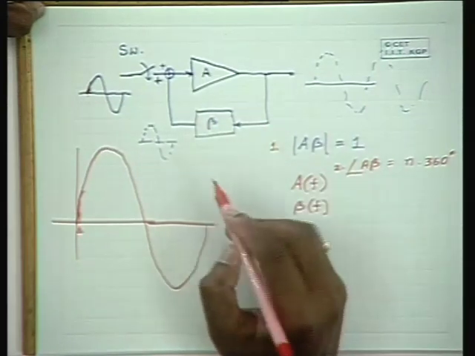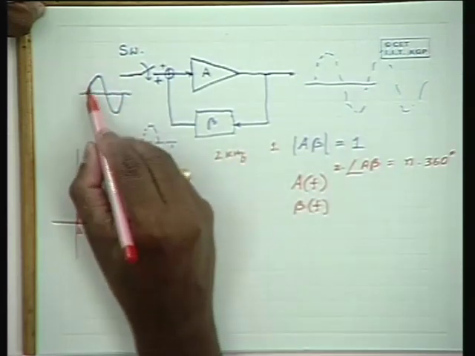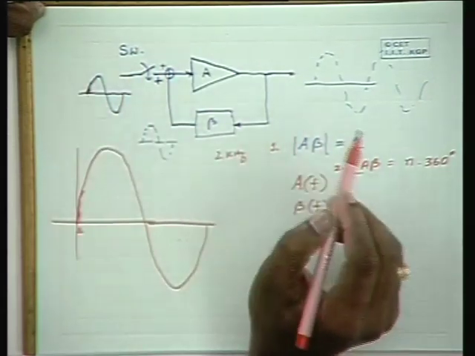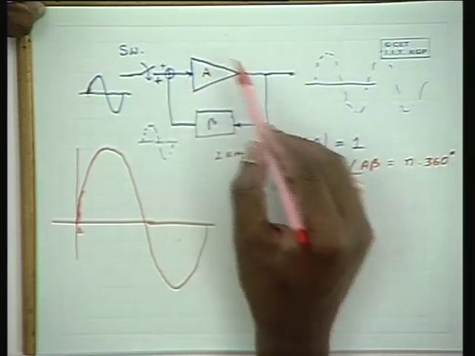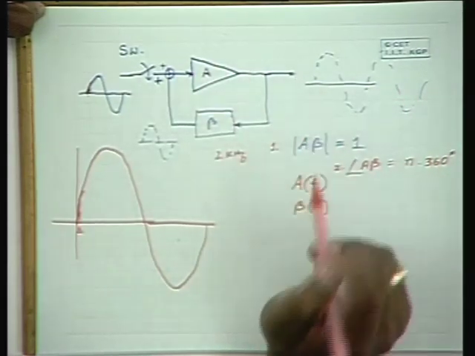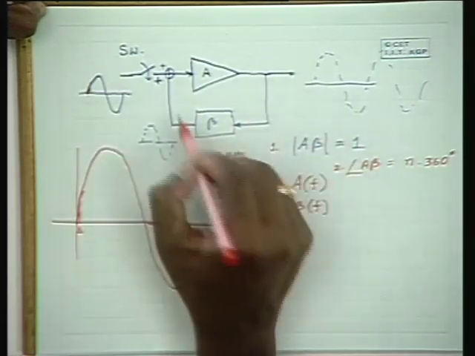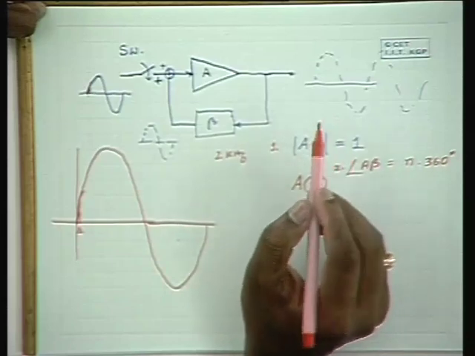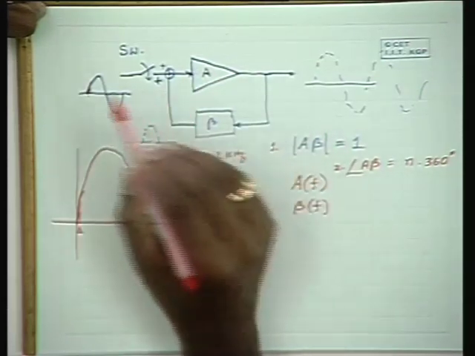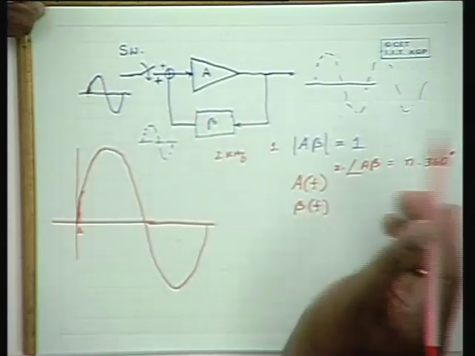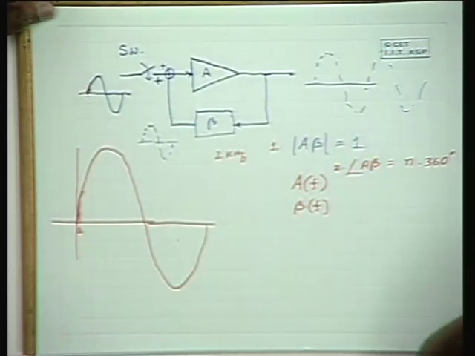Say the condition is satisfied at 2 kilohertz, and if you apply a 1 kilohertz waveform here and remove it, it cannot produce a 1 kilohertz waveform, because the sustaining conditions are not satisfied. A 1 kilohertz waveform may get attenuated if A beta is smaller than 1. In the next cycle it would be with a smaller amplitude than the previous one, and the following output will be much smaller than this, and therefore it dies down as a transient.